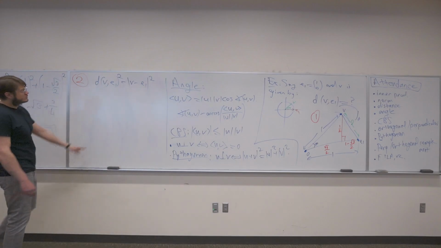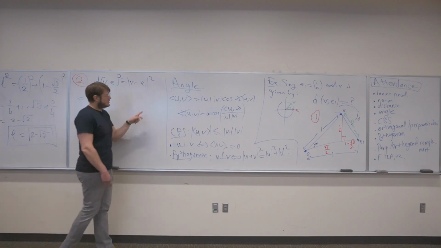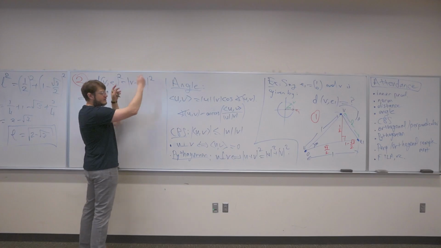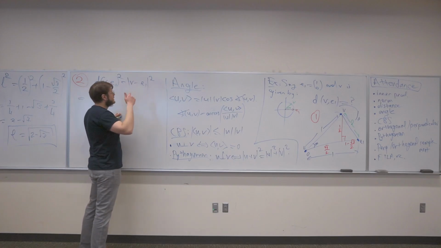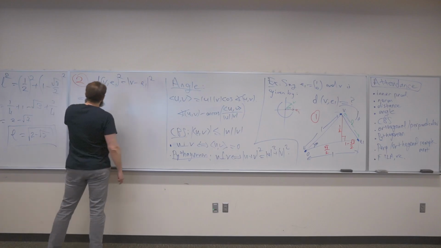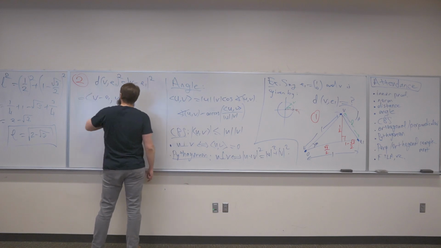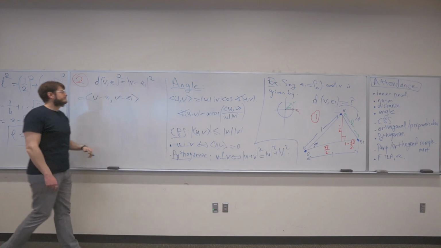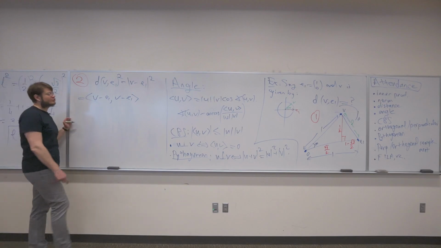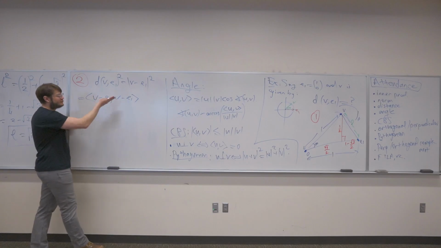But I know what this is, because the norm of something is the vector inner producted with itself and then take the square root. If I'm taking the square here, all I need to compute is V minus E1 against itself. You can expand. This inner product is what is called bilinear. So it is linear in this entry, and it is linear in this entry. You can expand everything.